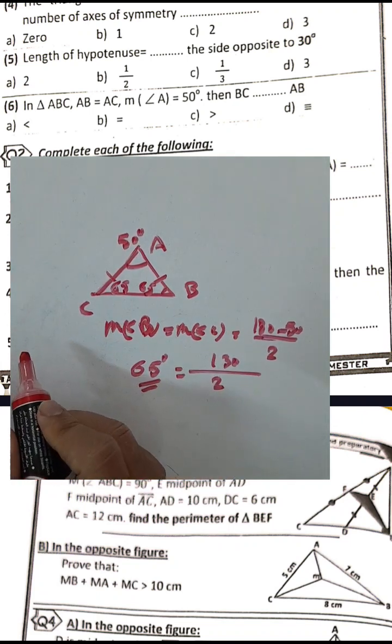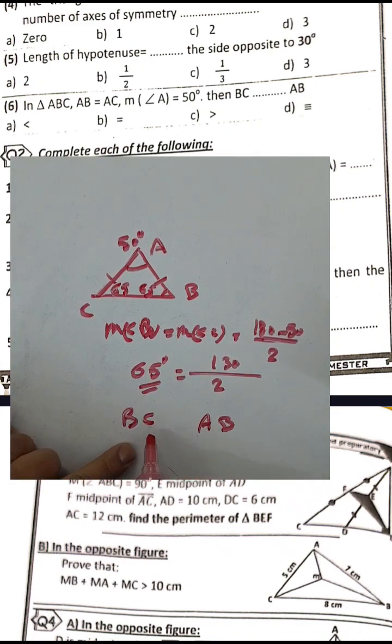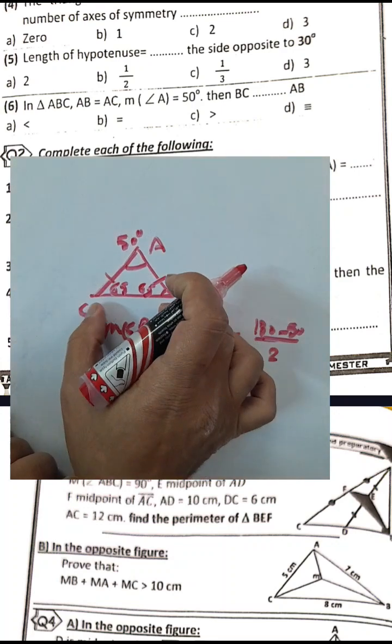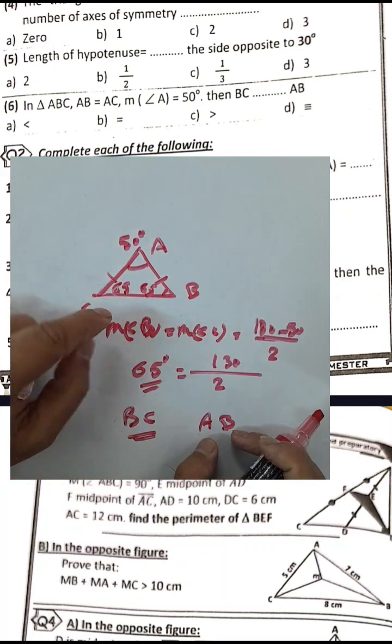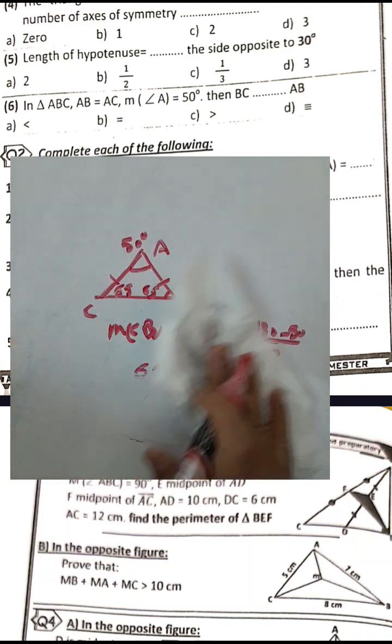You want to find the relation between BC and AB. BC is opposite 50, and AB is opposite 65. Then BC is less than AB.